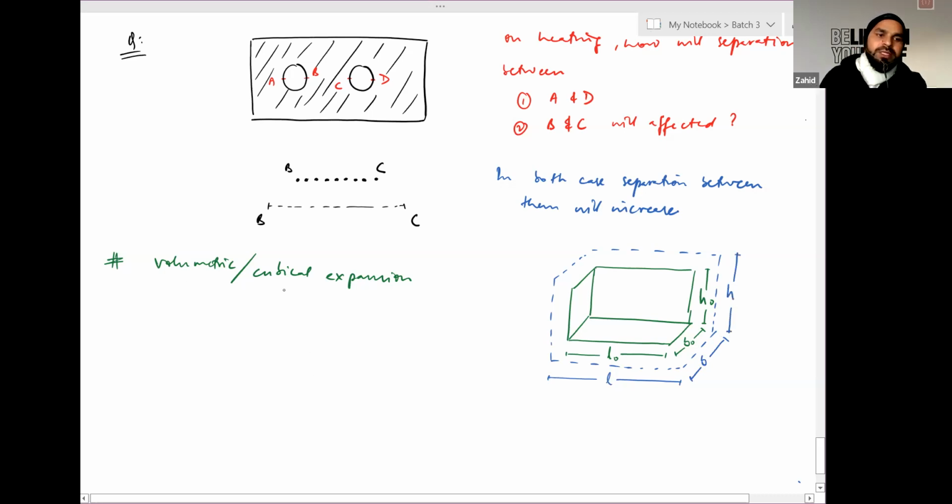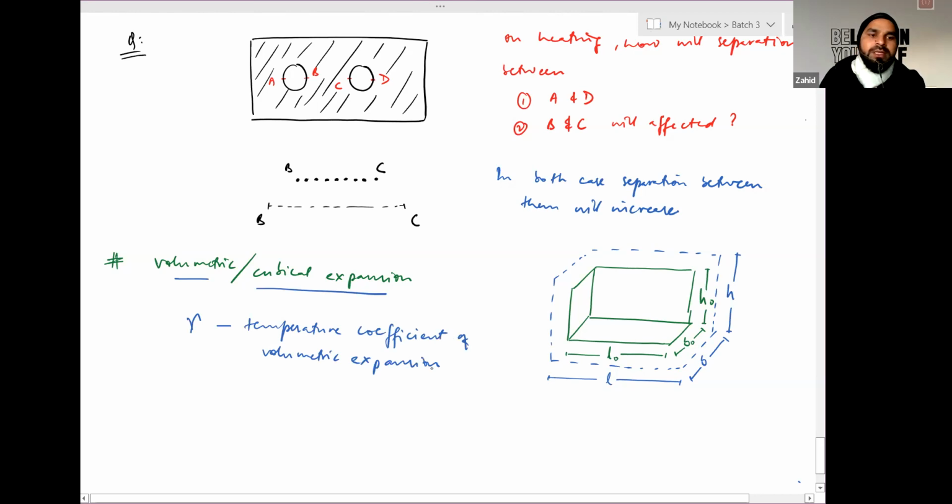To define this expansion in volume, let me define another coefficient, which is called gamma, the temperature coefficient of volumetric expansion.